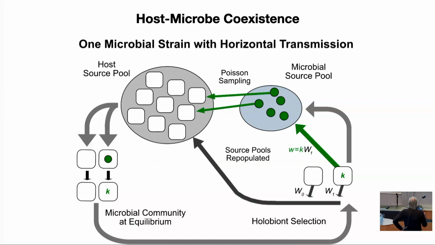Okay, so here's the setup. In my mind's eye, I always have corals in mind because I'm at a marine station and that's the sort of thing I do. Now this right here is a pool of larval corals, planulae. And here's some algae out in the water. Now, the algae land on the larvae through Poisson sampling.